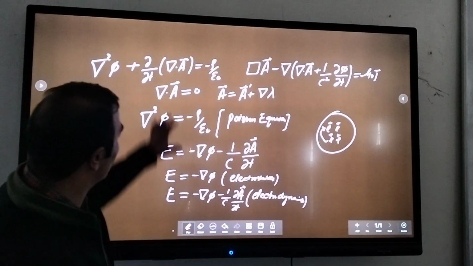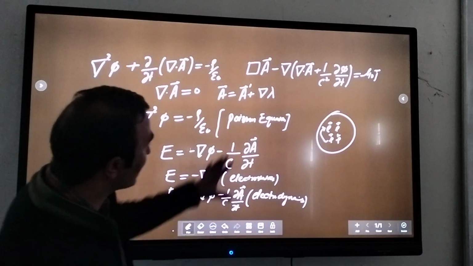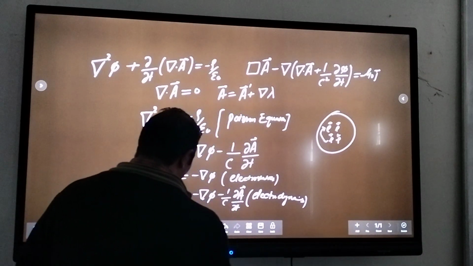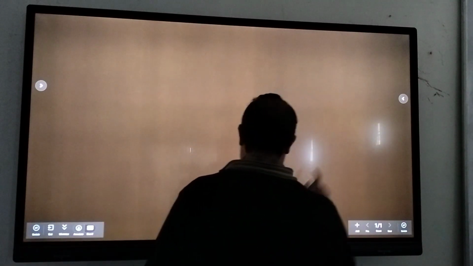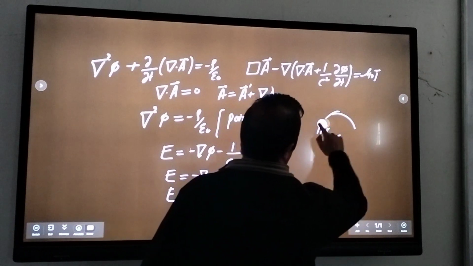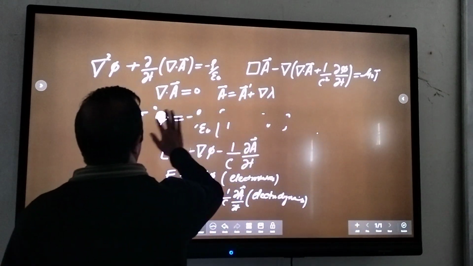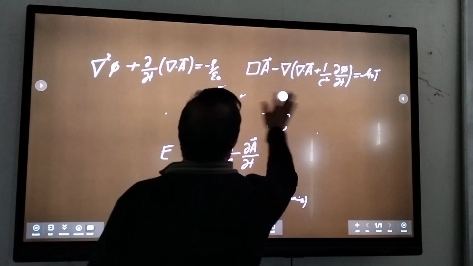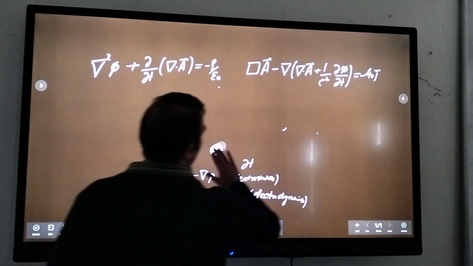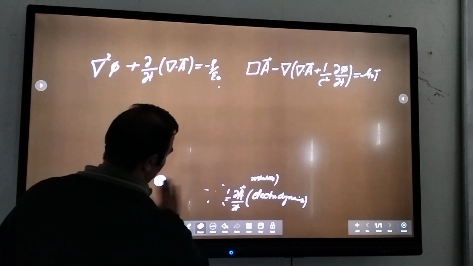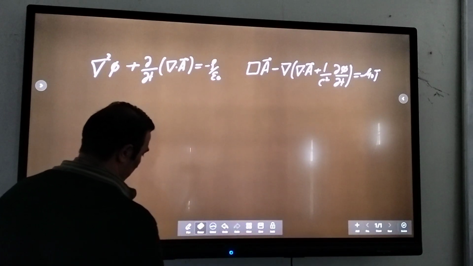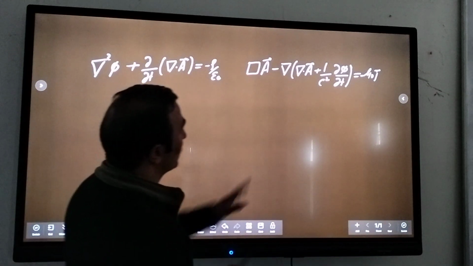Now this is clear. So this is our first second order differential equation. Let's have a look at the second inhomogeneous differential equation, right? The second inhomogeneous differential equation tells us that... Okay, so the second equation, let's have a look.